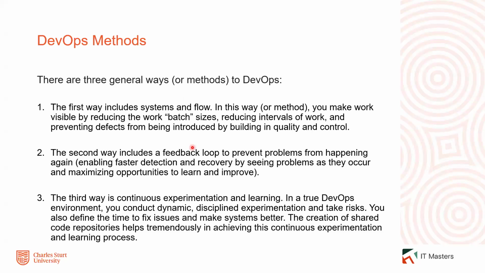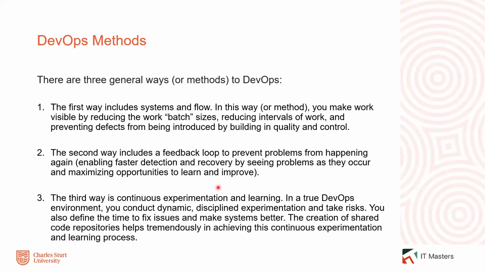We reduce the intervals of work, so less time, and we prevent defects through our process of Q&A, so quality control. So we take small, digestible chunks of work, and we do a constant process of Q&A as we move along.